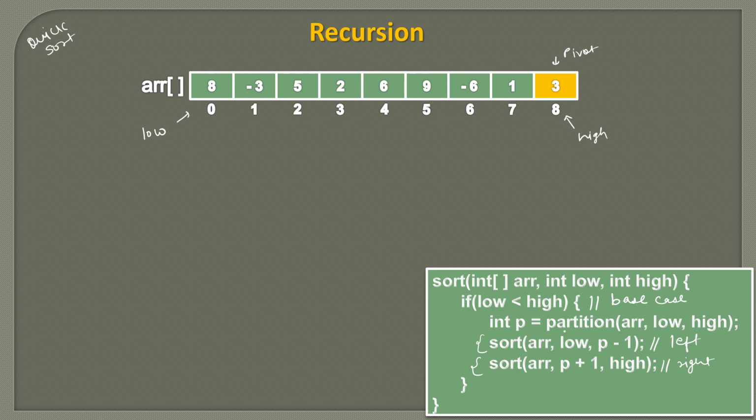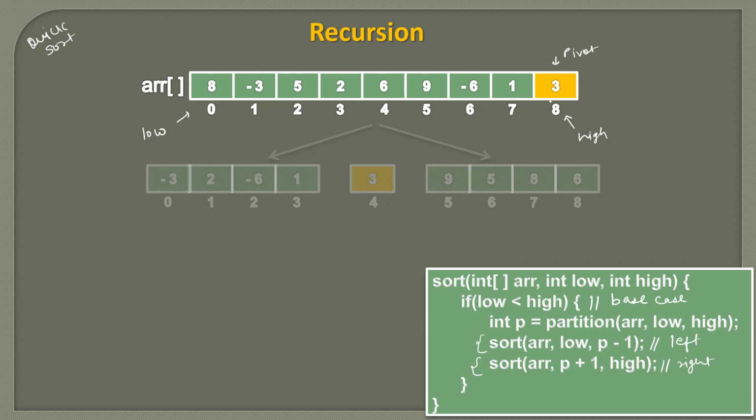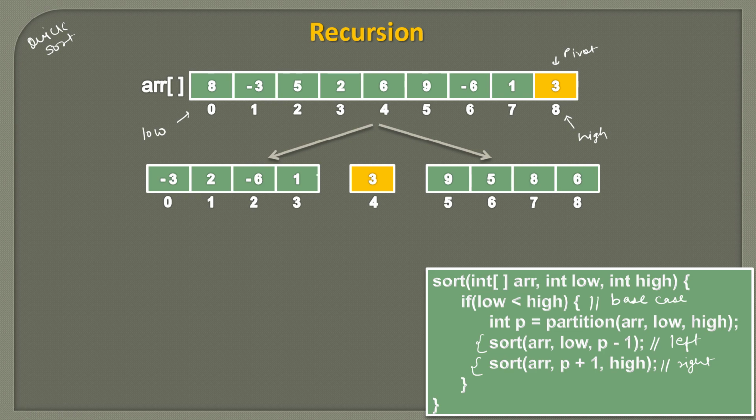So in our previous video we saw how we can perform this partition, and we took the same example. So in the first partition you will see that 3 comes at index 4, and in the partition the array is rearranged in such a way that all the elements lesser than pivot come on the left side, all the elements greater than pivot come on the right side.